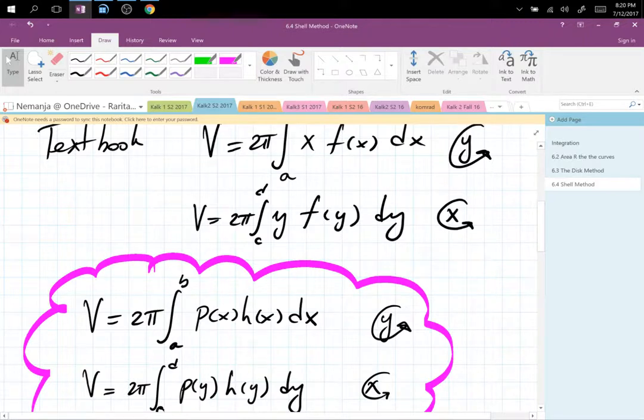Y rotation, dx. X rotation, dy. Disk method has them in order. Rotation on x, dx, rotation on y, dy. This one has them swapped. That's why we have a different method. If they were the same, then we don't need two methods.